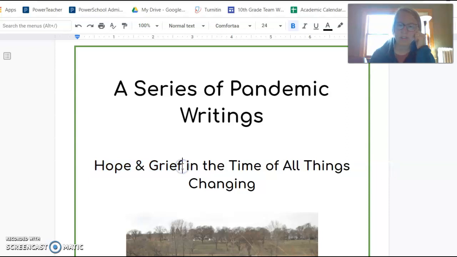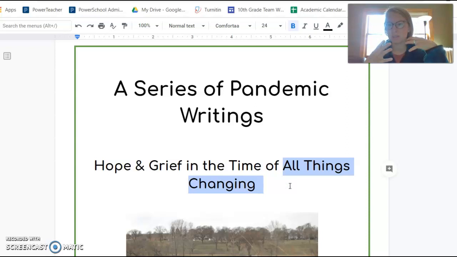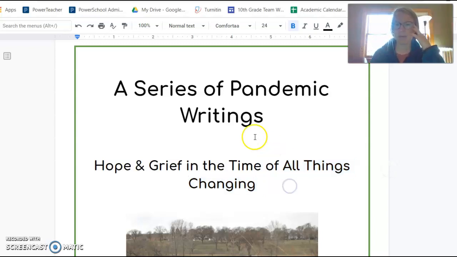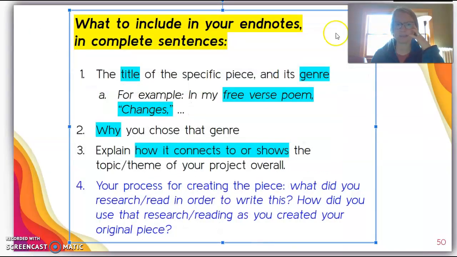So I want to show, how does this poem show both hope and grief? How does it show that all things are changing, both personally in my life and then publicly and societally and globally for the entire world? How does my poem connect to my overall theme, my overall topic? That's what I'll do next.